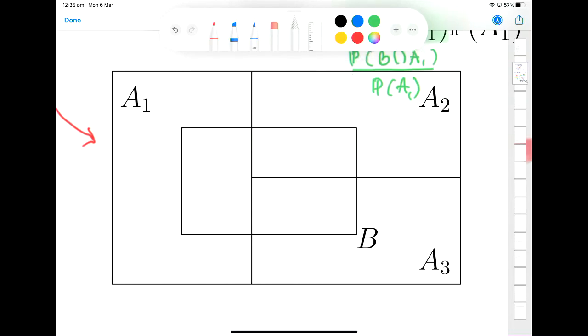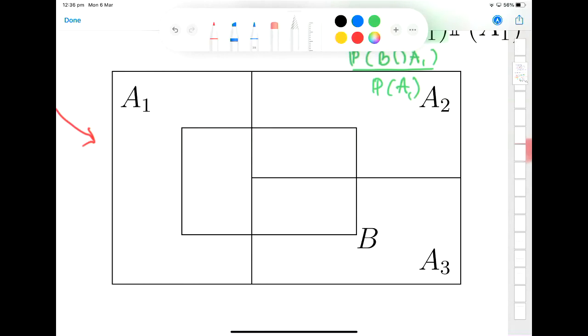Now the question is, if you know the probability of A1, A2, A3, and you know the conditional probability of A1 given B, you know the probability of A2 given B. Of course, you don't need to know the last one, right?